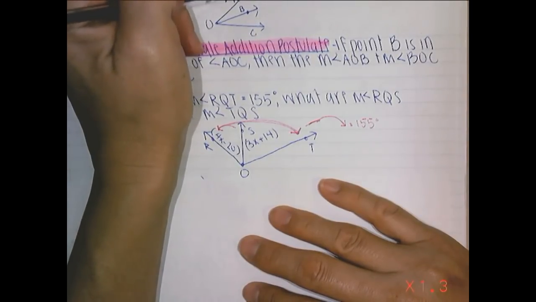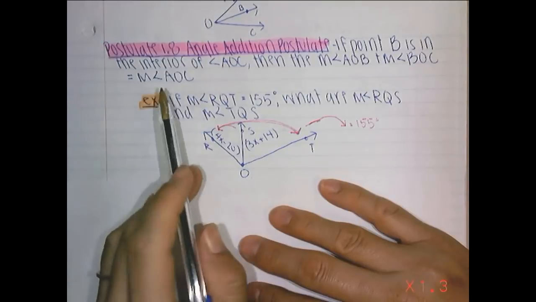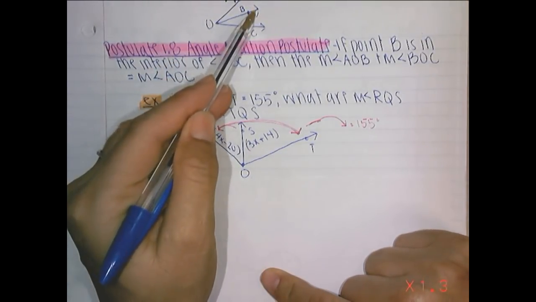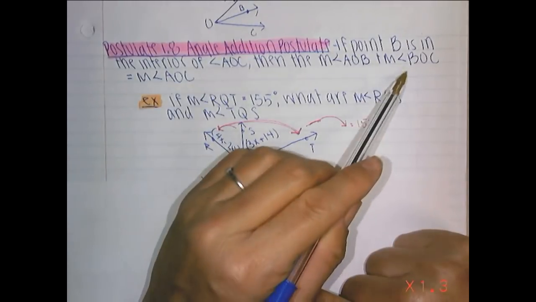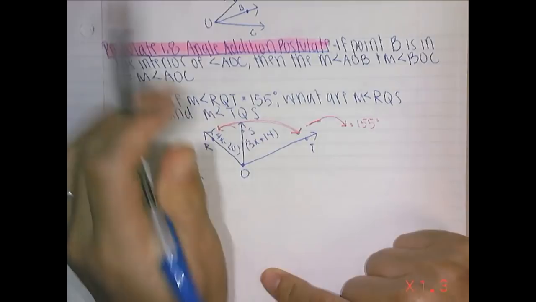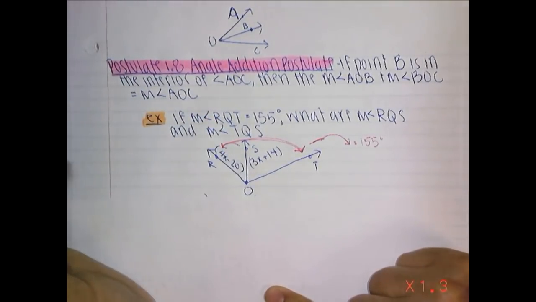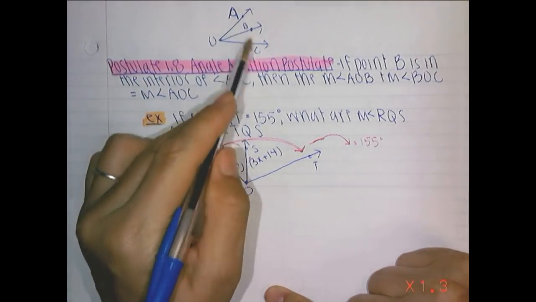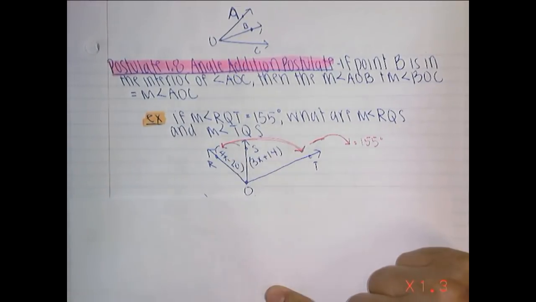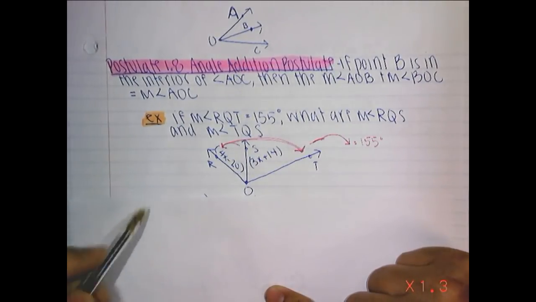Pretend that this is an A. So what it's saying is the measure of angle AOB, this portion, and the measure of angle BOC, when you add them together, it equals the measure of the entire angle. We're going to play with this a lot, guys, so don't worry, you'll get used to it.